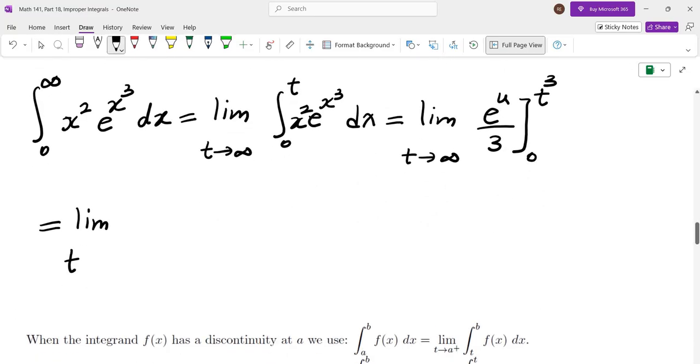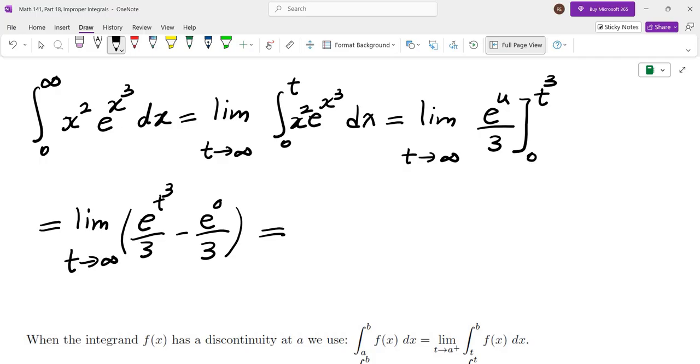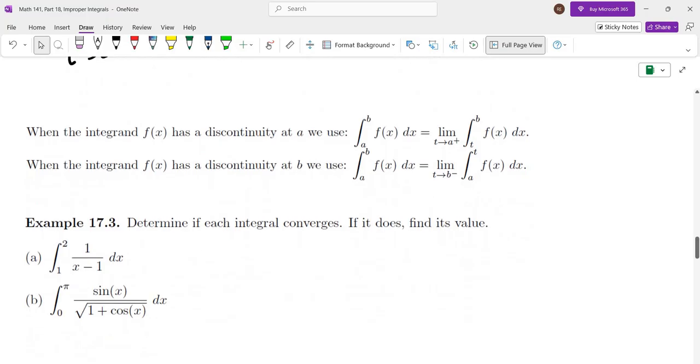So let's plug it in. We get e to the t cubed over 3 minus e to the 0 over 3. Now e to the t cubed this time is infinity because t approaches infinity. So that means the original integral that we looked at does not converge.